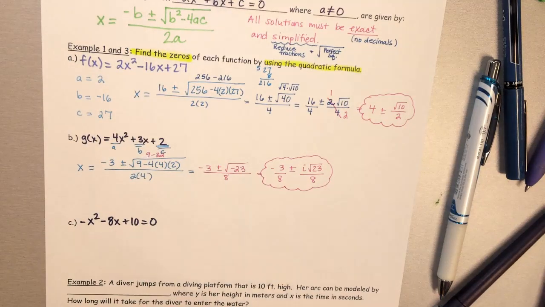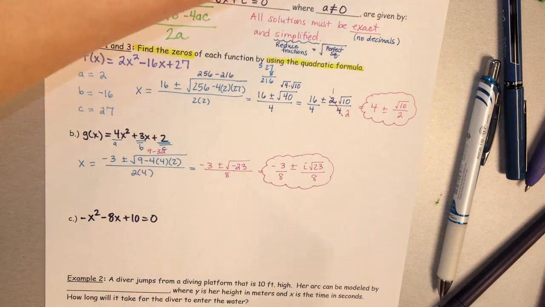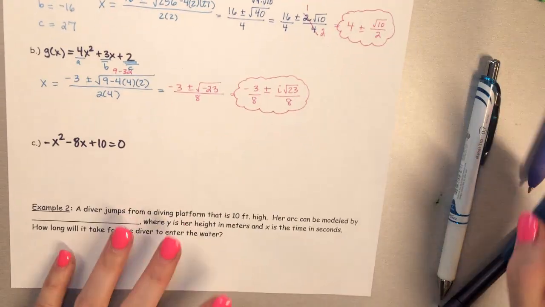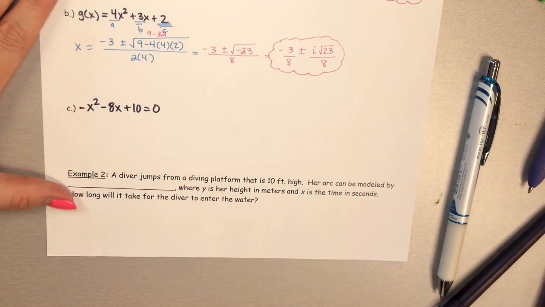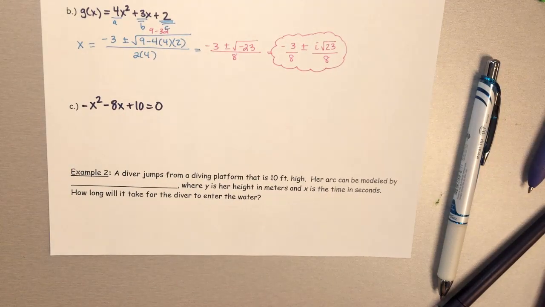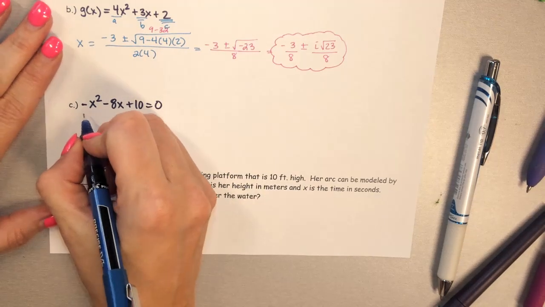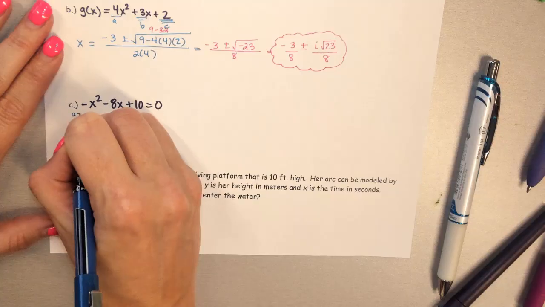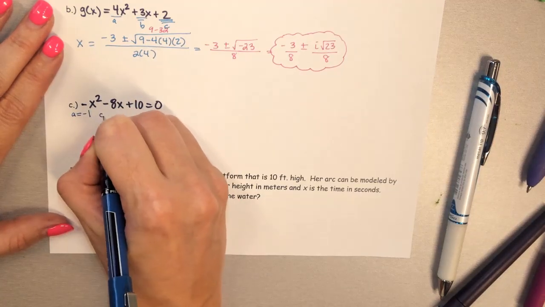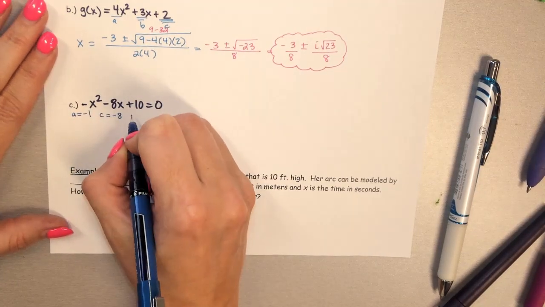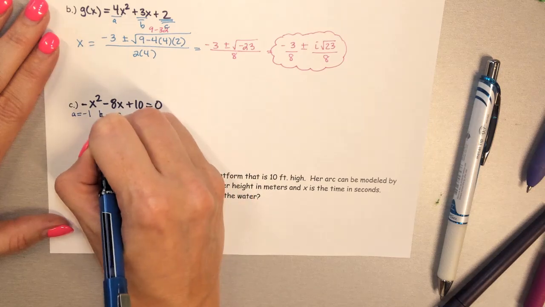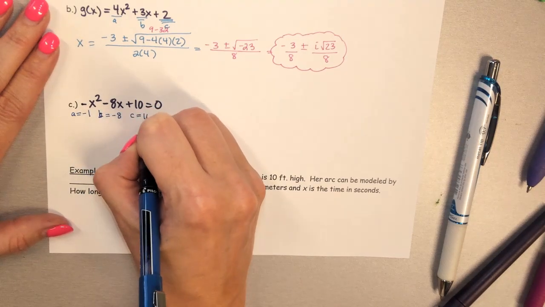And when you're finding the zeros, you are just finding your solutions. Okay, you are finding those values of x. Okay, so in this one, your A value is what? -1. Your C value is -8. Oh, sorry. Your B value is -8. Your C value is 10.